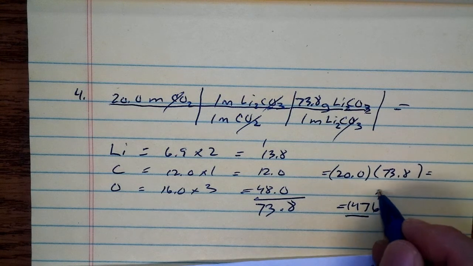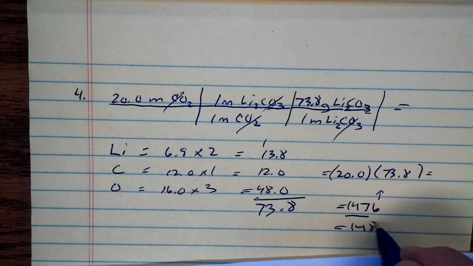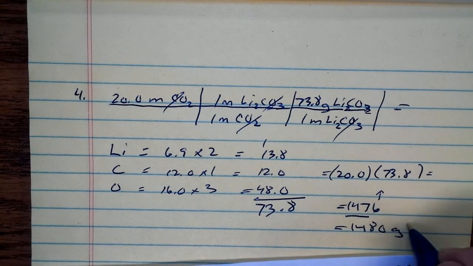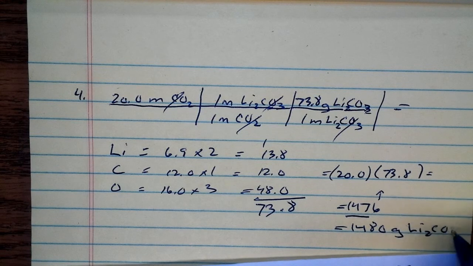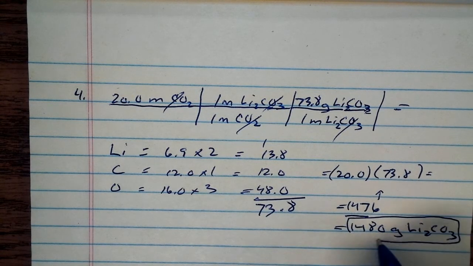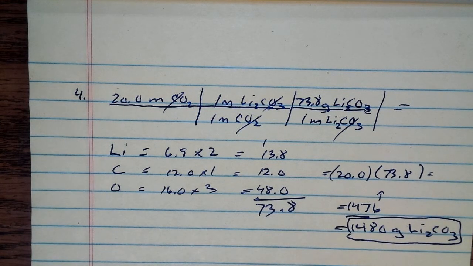This 6 rounds up, add 1 to that 7 to make 8. 1480. That's 3 significant figures. We're in grams of Li2CO3. Let's box this guy up, and that is our answer there. So if you're not sure on any parts of these problems, just stop, pause, rewind, go back, and look at it again.